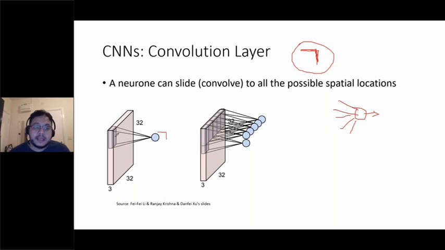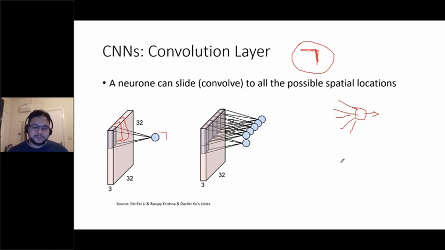Many, depending on the number of slides. Exactly, we will have many outputs. This is one of the things that allows me to train only one single neuron to recognize a shape like this and generalize it across all the image. It's trying to look for where we have a shape like this.